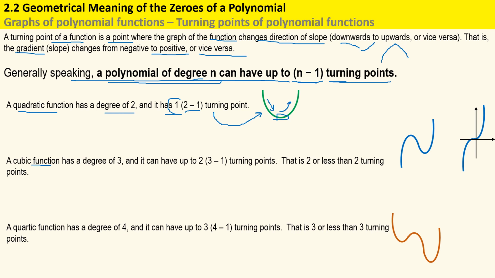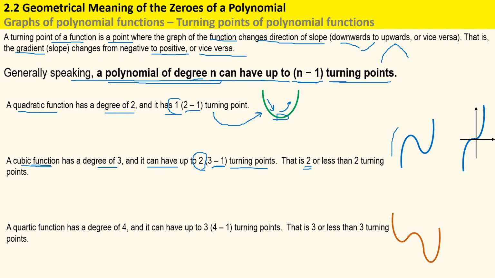Similarly, cubic functions are functions which have degree 3. So at the most they can have 3 minus 1, that is up to 2 turning points. Any given graph can have less than 2 also, but the maximum number of turning points in a cubic function's graph will be only 2.